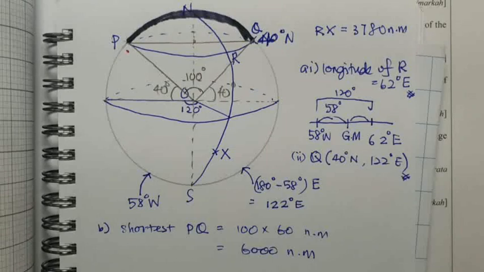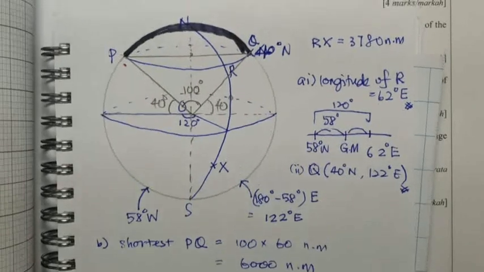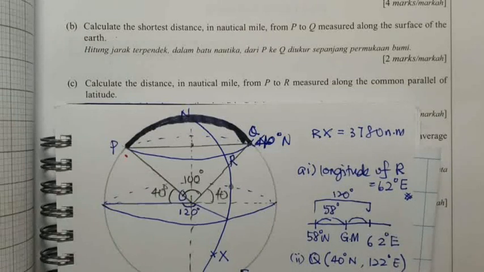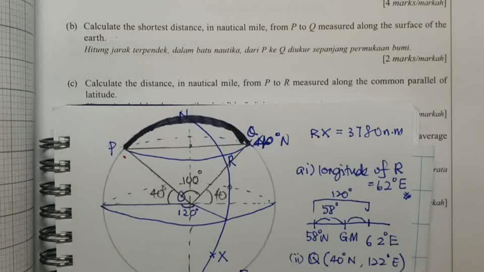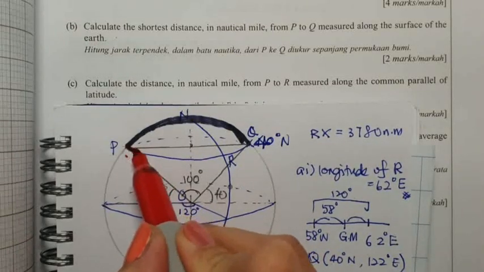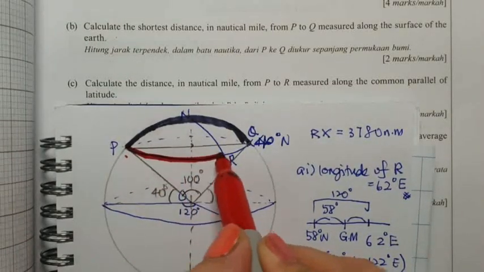All right. Now the next part, the question says, calculate the distance of PR measured along the common parallel of latitude. So where's PR? PR is at the latitude 40 degree now. So this is the one.